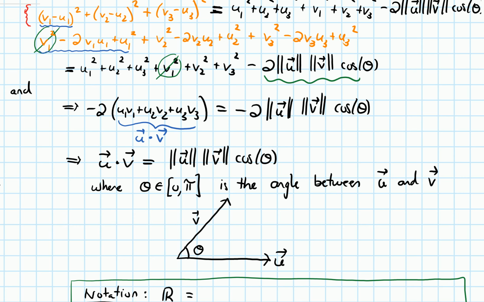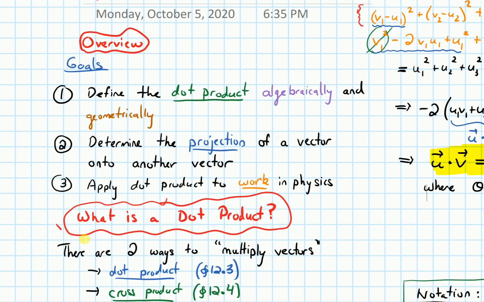So visually, what this formula that we've now derived says is the dot product is equal to the length of the first vector, u, times the length of the second vector, v, times the cosine of the angle in between them. So there's a geometric interpretation for the dot product involving the lengths of the vectors and involving the angle in between them.